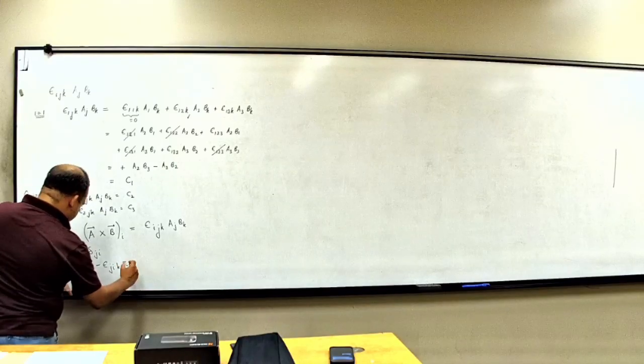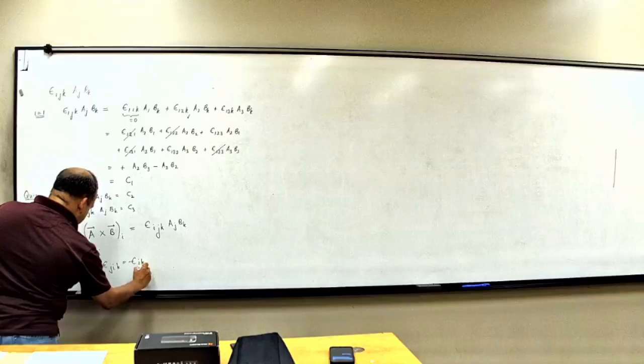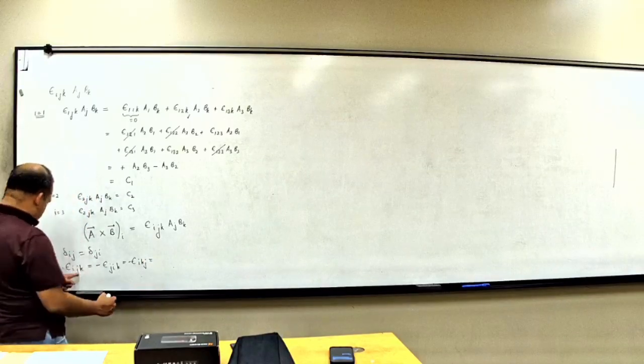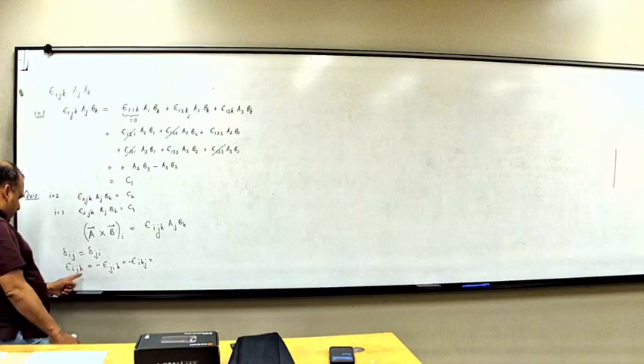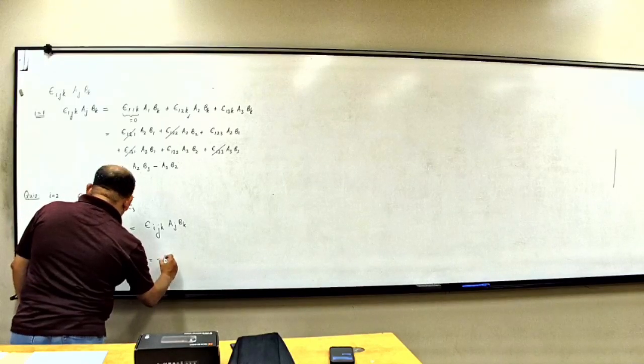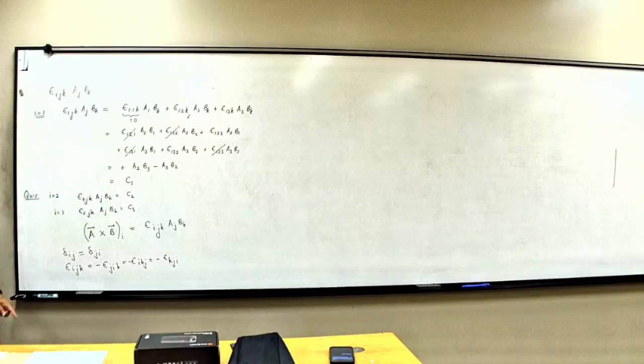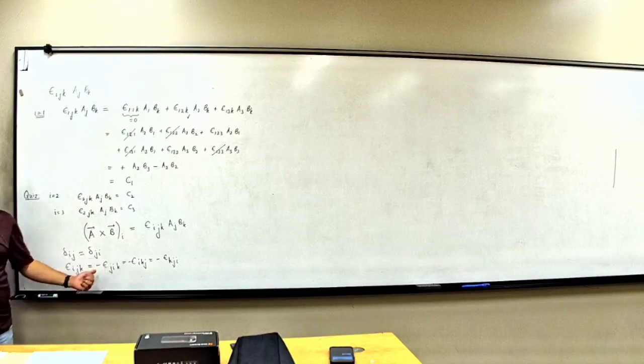So I could have swapped j and k. So this is minus of ikj. And this is equal to, I could swap j and i here, k jk, or i and k also, right? So it is minus kji. This is called antisymmetry.